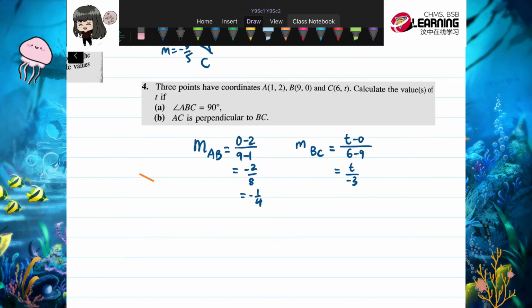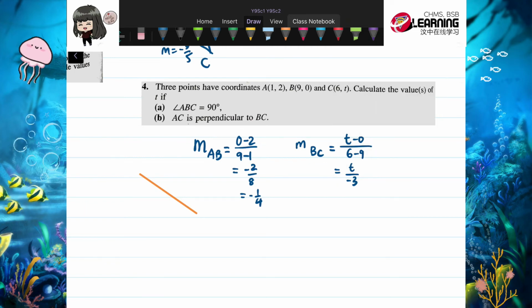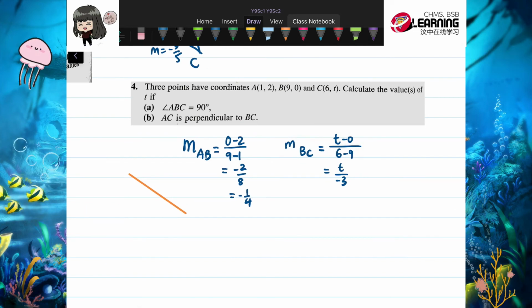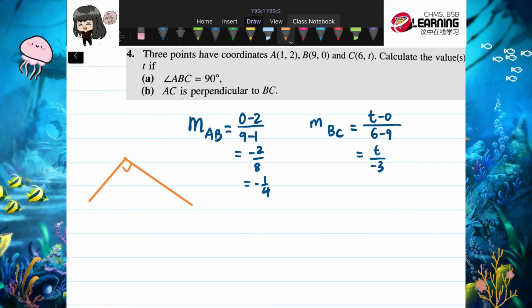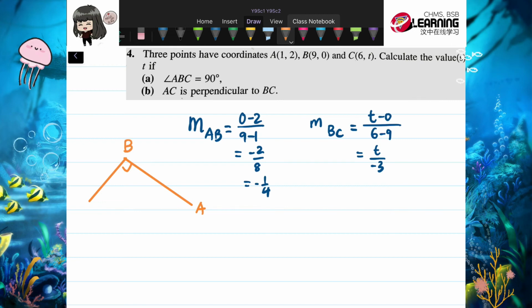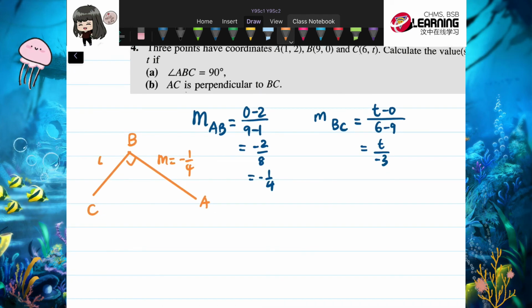Negative is supposed to be going down like that, and this one I assume is going up, so it's a 90 degree angle. This one I assume is AB, so the gradient here is negative 1 over 4. So the other gradient, this M2, will be 4.